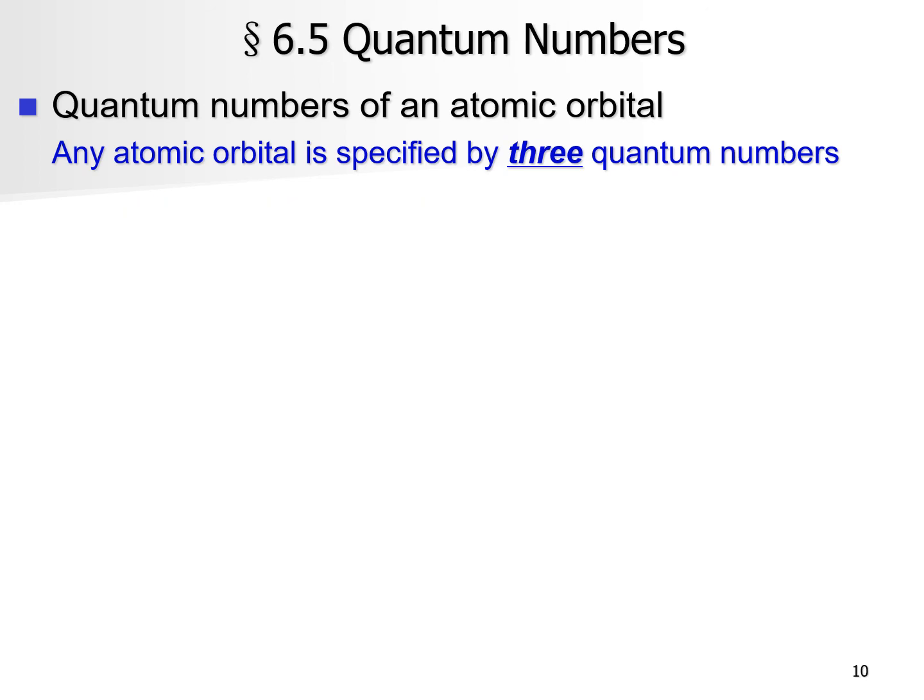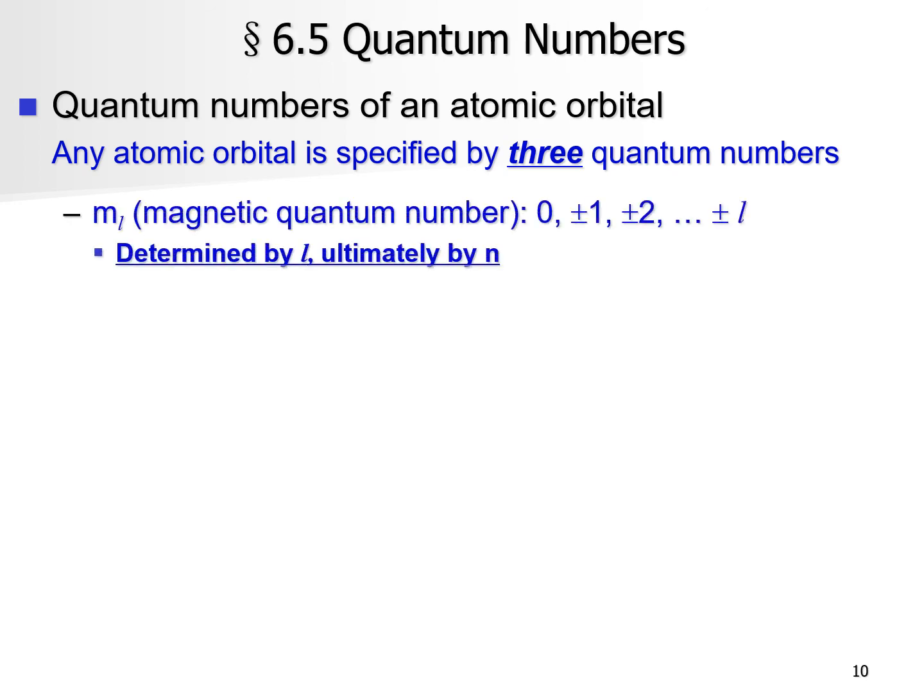The third quantum number is called the magnetic quantum number, m sub l, because this quantum number is determined by l. Since l is determined by n, ultimately m sub l is also determined by n. So what is the rule for m sub l in terms of values?